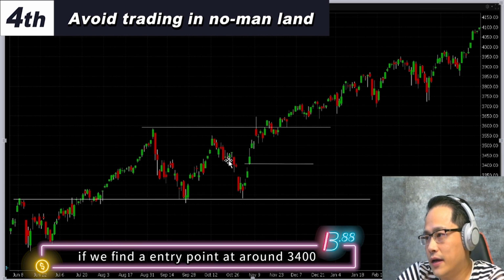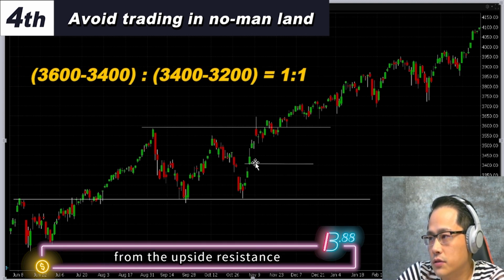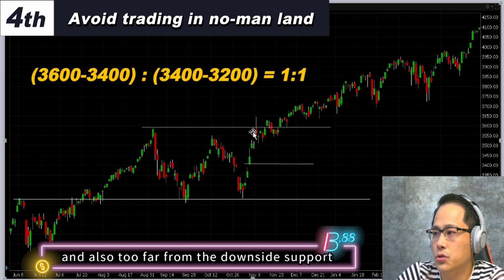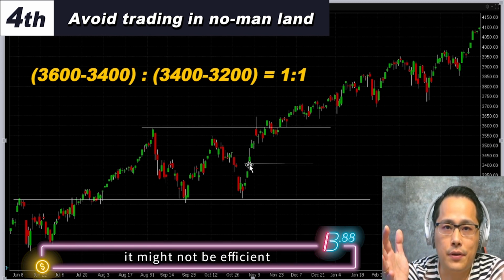If we find an entry point at around 3,400, that would be too far from the upside resistance, and also too far from the downside support. From the risk-return perspective, it might not be efficient.